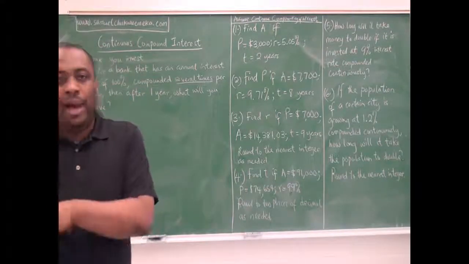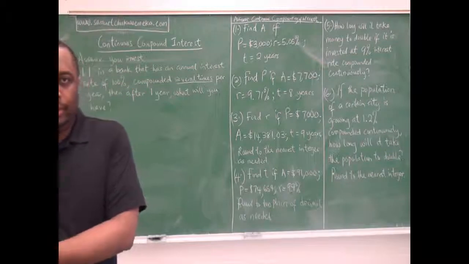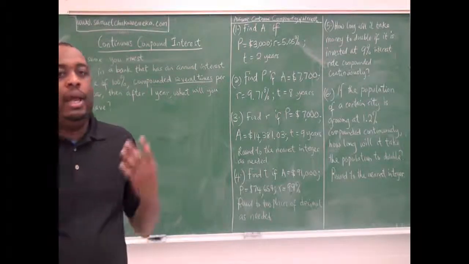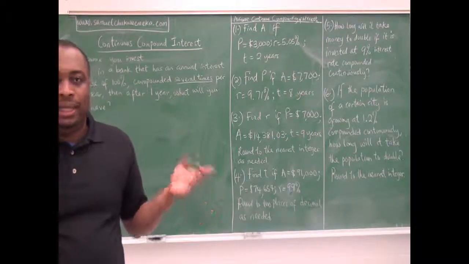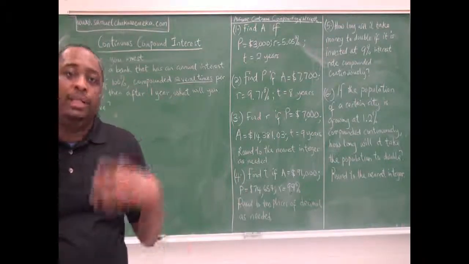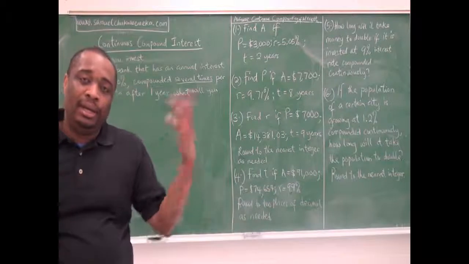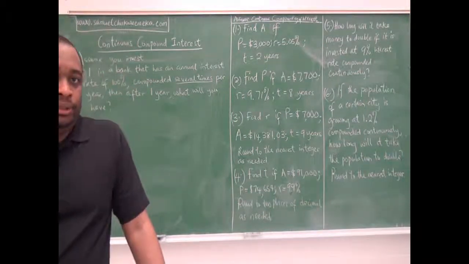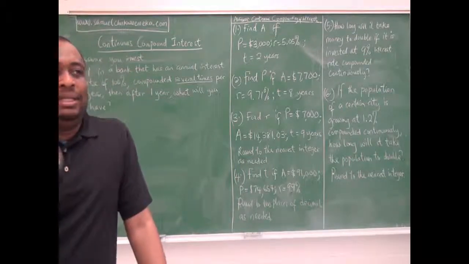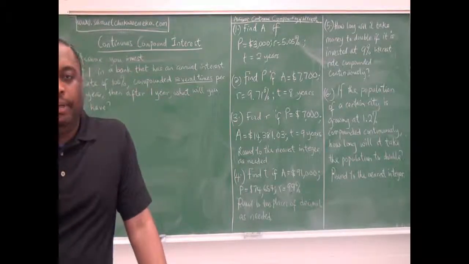And if you invest in a bank that compounds quarterly, that's 4 times in a year, you expect a higher interest than the one that compounds semi-annually. But let's see. Now, is there any limit?